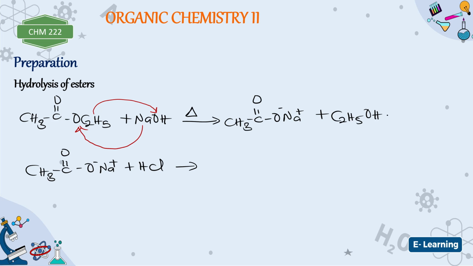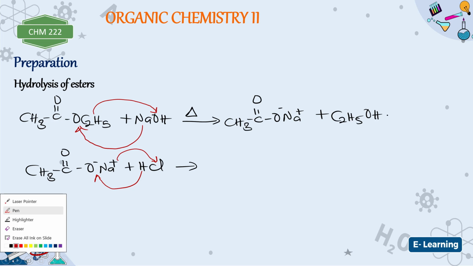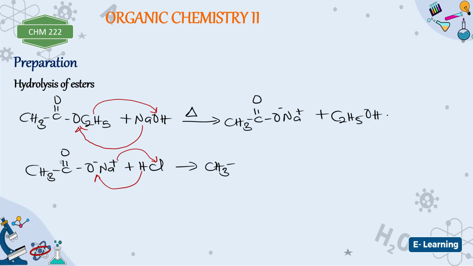Now, at the end of the day, what do you think will happen? Another substitution will take place here, where this hydrogen will come here, and then sodium will bond with chlorine. When sodium bonds with chlorine, it's going to form what? Sodium chloride. So here will give us C double bond O, and here will be what? OH, plus what?